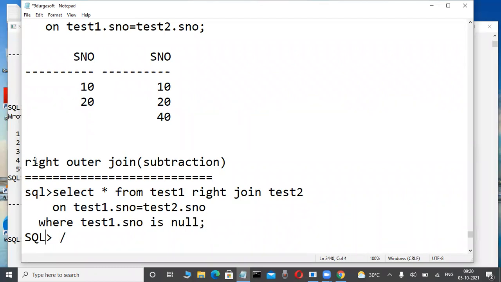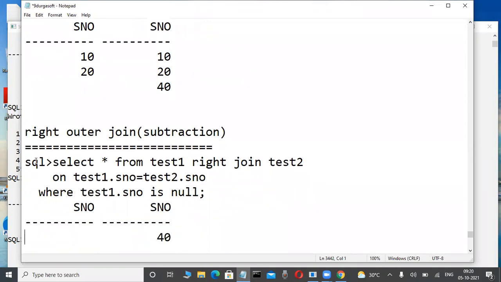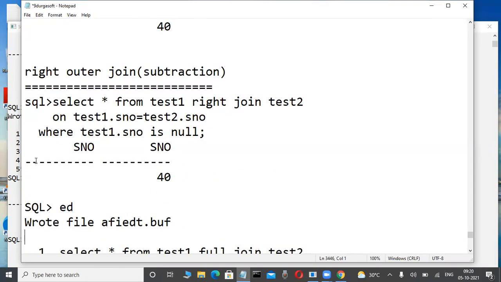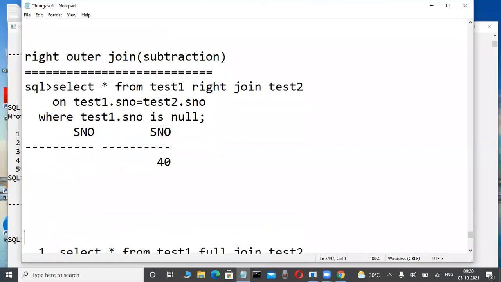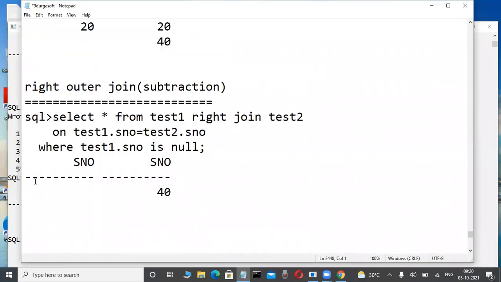Now if you can guess the join syntax for more than two tables today, great. Write the right outer join subtraction. ON means the joining condition.